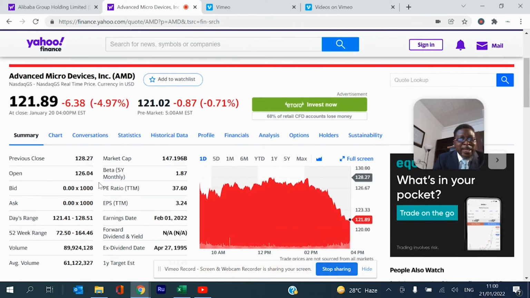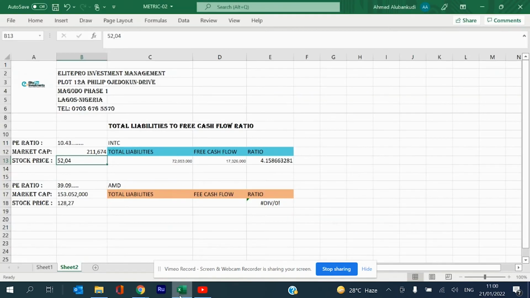It says here the market cap is 147.196 billion. Let me just put 00 here.